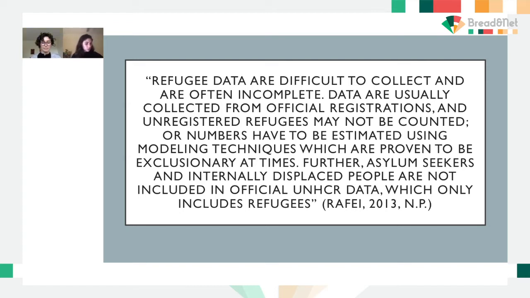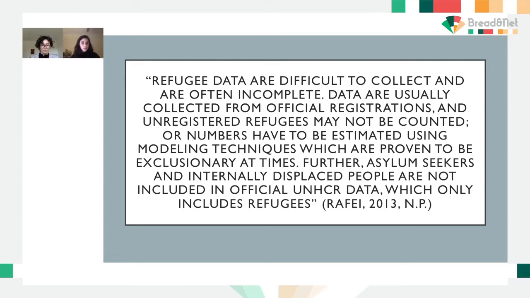Of course, gaps in social assistance data are not unique to Lebanon, but they do pose a particular challenge in this specific context. Leila Rafai argues in her assessment of the use of open data to respond to the Syrian crisis that refugee data are difficult to collect and often incomplete.